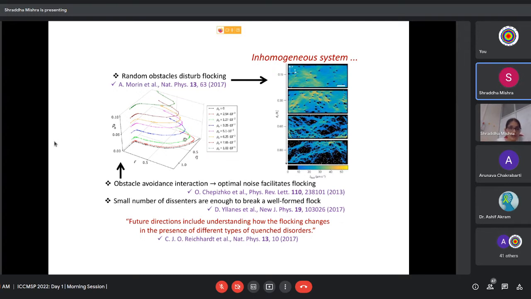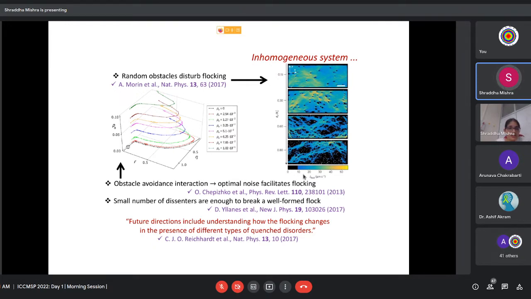In this diagram, R is the order parameter, a measure of the global orientation in the system. This axis represents the noise strength, the randomness, and this axis represents increasing obstacle density.